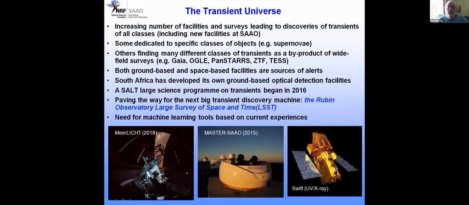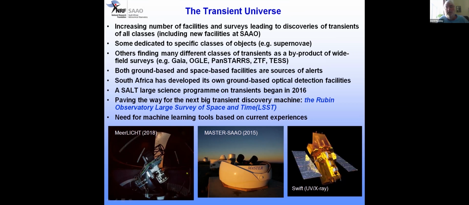Transient discoveries have really boomed in the last decade or so. This is because of a number of international facilities which are discovering transients, either because they were designed to do so, for example, ASAS-SN and the Zwicky Transient Facility. These were two ground-based telescope systems that are designed to look for transients.